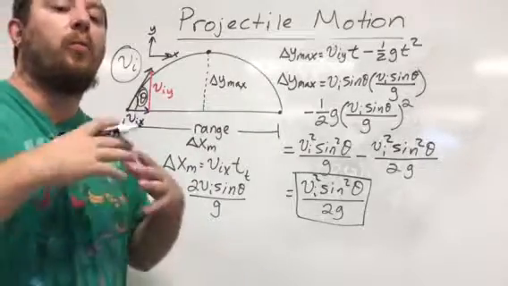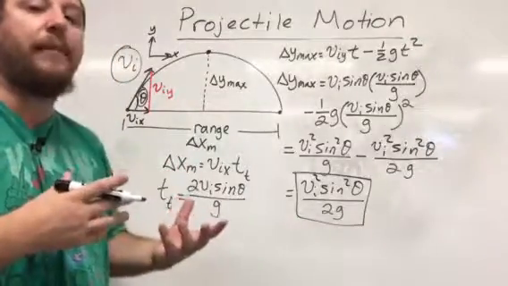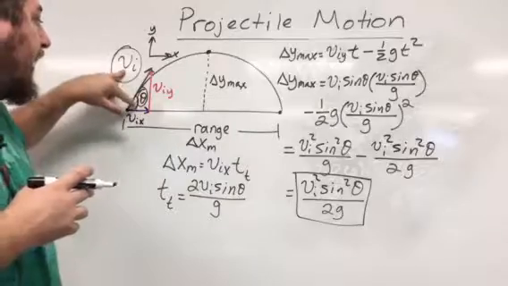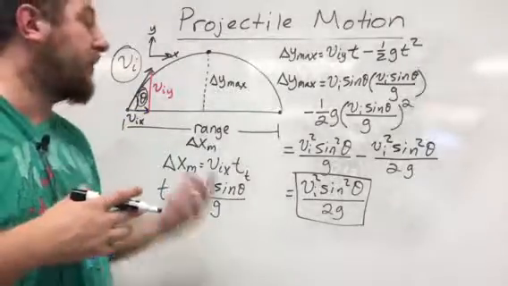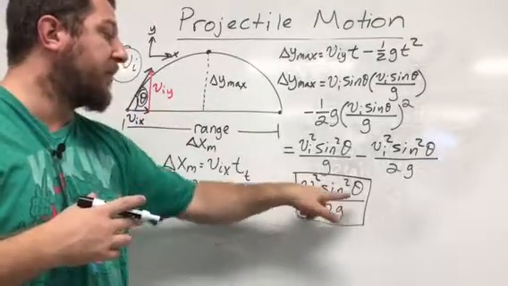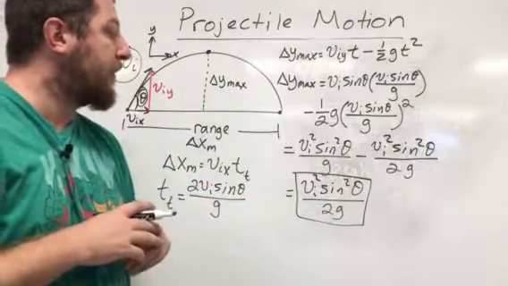Now again, why are we doing it this way? We want to know what the maximum height is going to be if I'm only given the initial velocity and the angle. So all of my formulas should only depend on the velocity and the angle. And in fact, they do. My initial velocity is here, my angle is here, and again, g is constant. So that is perfectly fine.